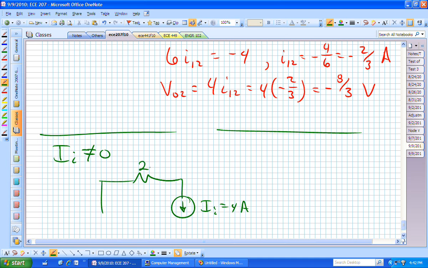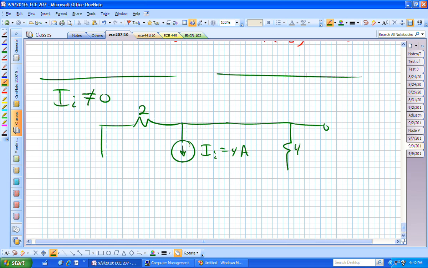This is 2. And here is 4. Questions with how that's drawn? How do we analyze this guy?